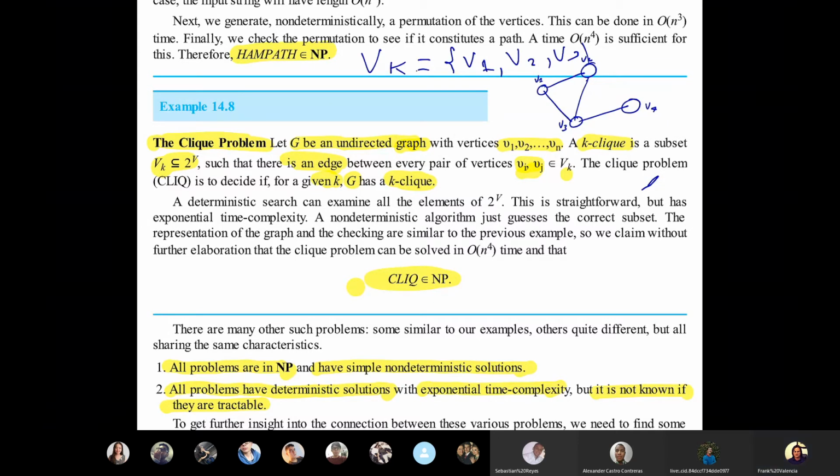So the clique problem is to decide if for a given k, G has a k clique. Okay, basically you have to find a subset of the vertices such that all the vertices in that subset are connected by an edge.